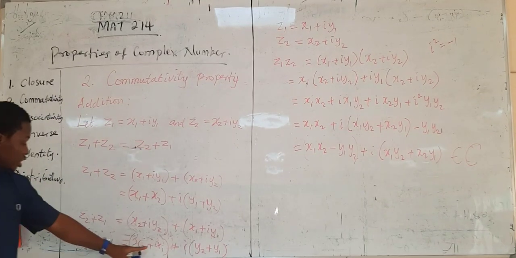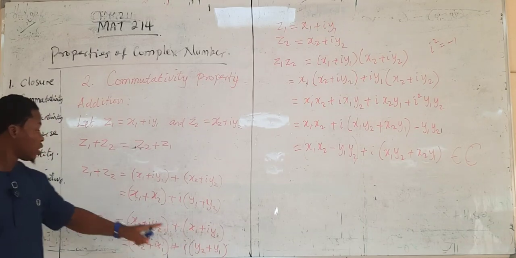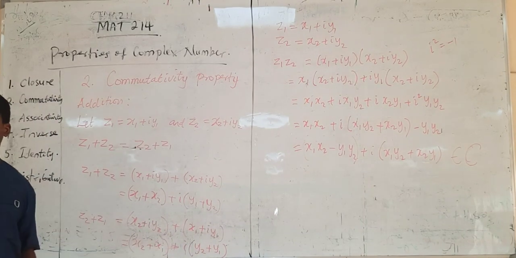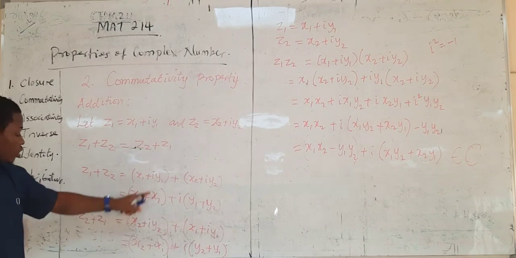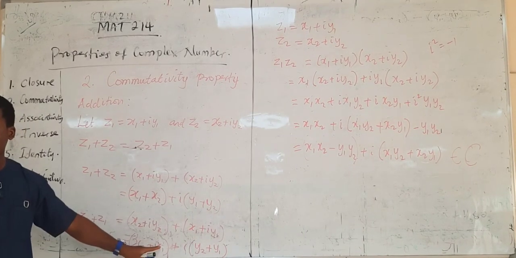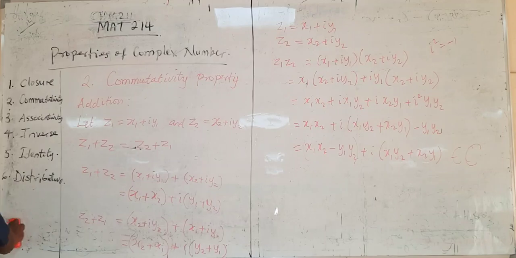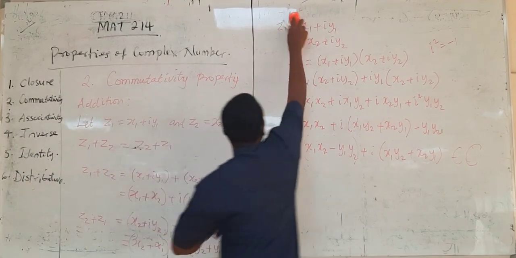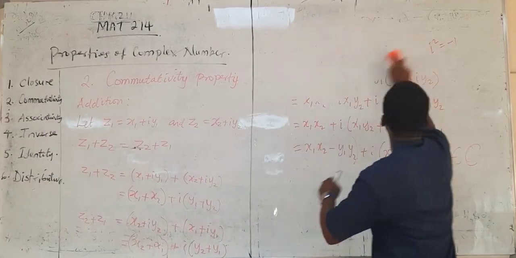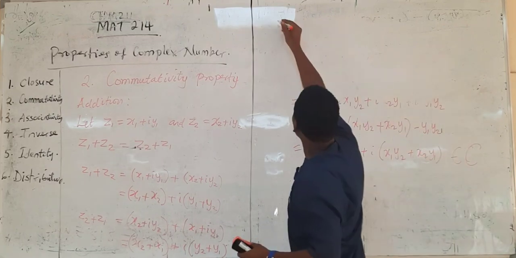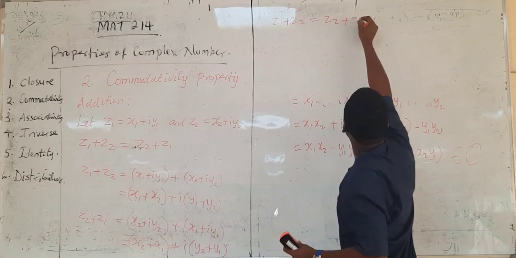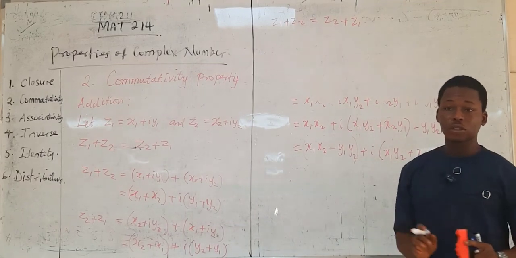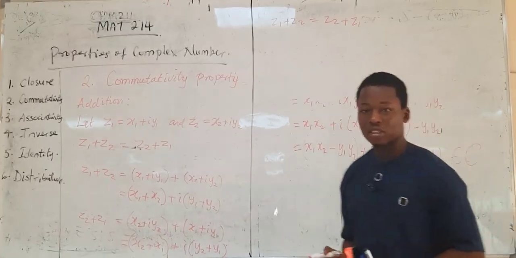So this is the real part, this is the imaginary part. But remember, in the properties of real numbers, they are commutative, right? So it means x1 plus x2 is the same thing as x2 plus x1, which implies that z1 plus z2 is equal to z2 plus z1. So the commutativity is ascertained for addition.